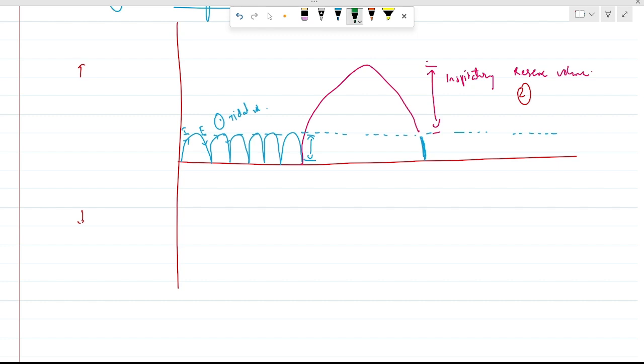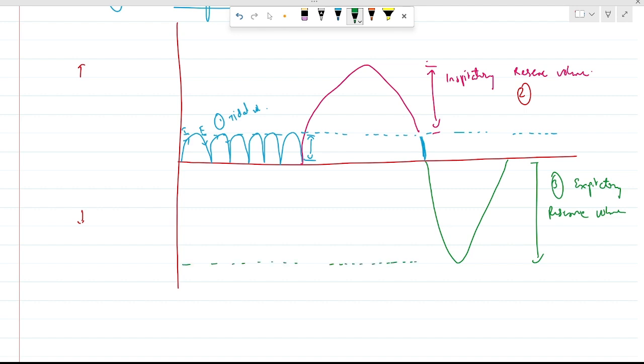Okay, coming up next we have below, from here till here, this is all our important expiratory reserve volume. Its limit is here, okay.